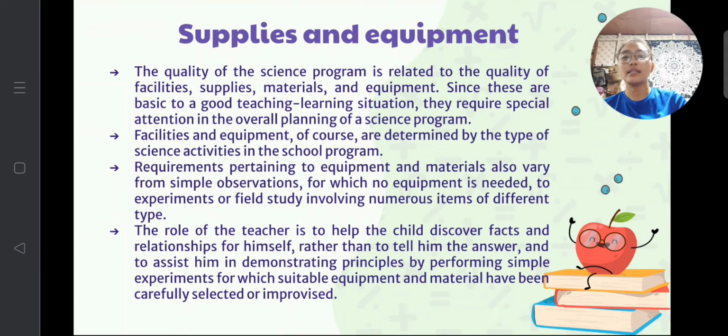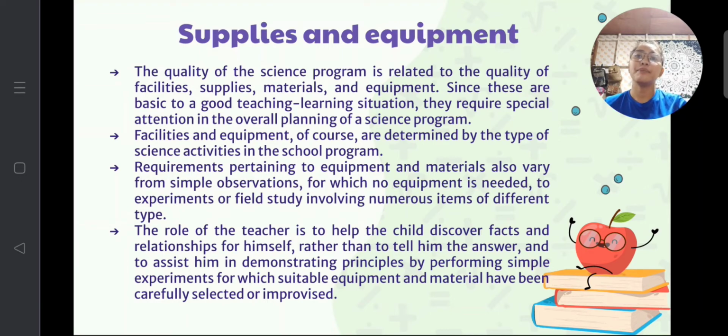Since these are basic to a good teaching-learning situation, they require special attention in the overall planning of the science program. And then the facilities and equipment, of course, are determined by the type of science activities in the school program.